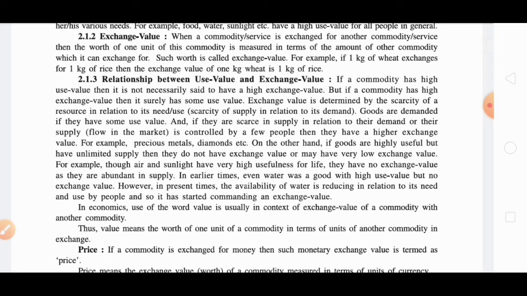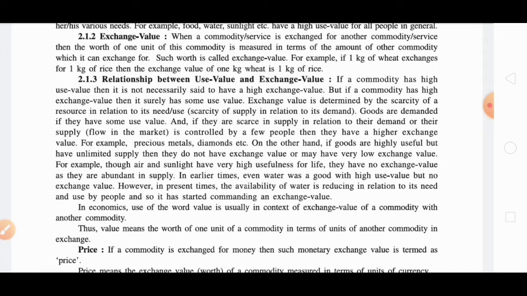That's why the exchange value of iron, in spite of it being a metal same as gold, is very low, while gold, which has a prestige value, has its supply very less compared to its demand. So here the exchange value is determined by the scarcity of a resource in relation to its need or use. It means scarcity of supply in relation to its demand.